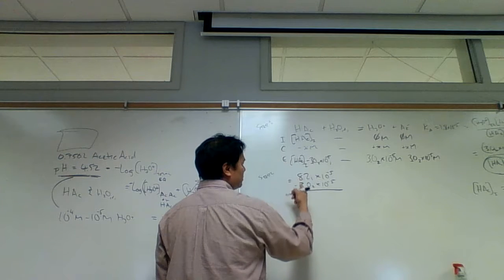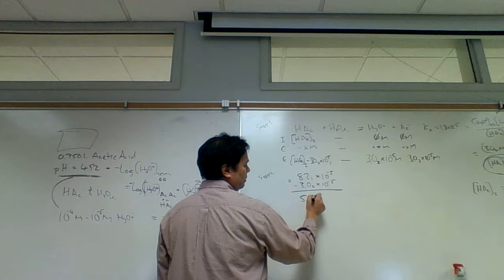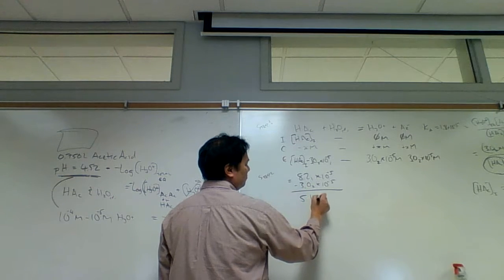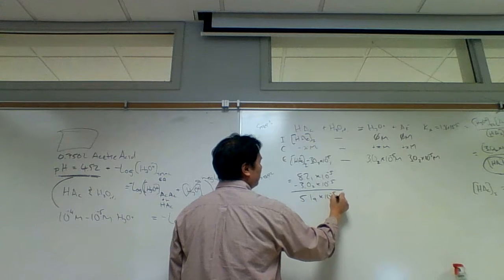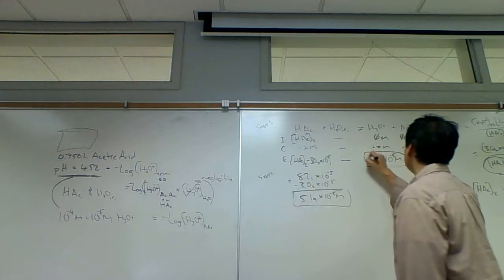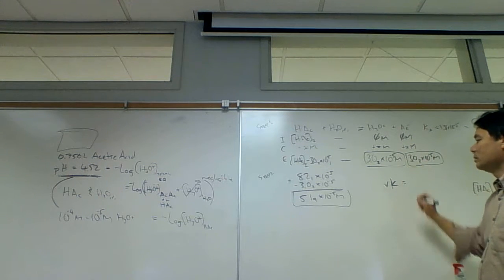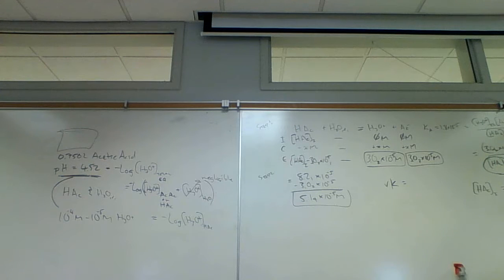And that's going to give us 5.19 times 10 to the negative 5. So let's just double check these concentrations by plugging them back into Ka and see if it works out or not.